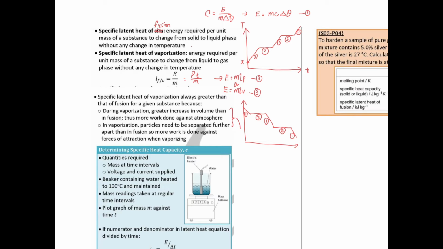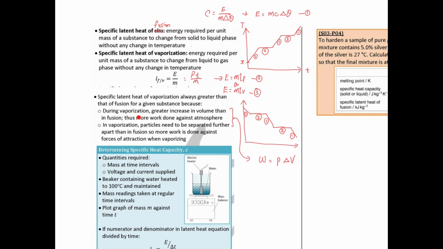Think of this formula. W equal to pressure multiplied with change in volume. So when there is an increase in volume in a big amount, during vaporization the volume increases a lot. If the volume increases a lot, then the work done will be a lot.